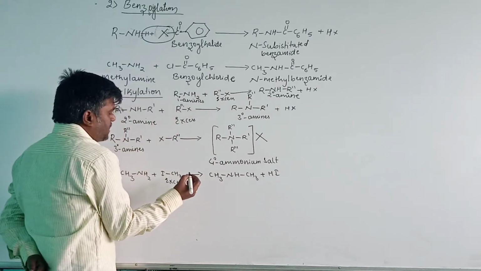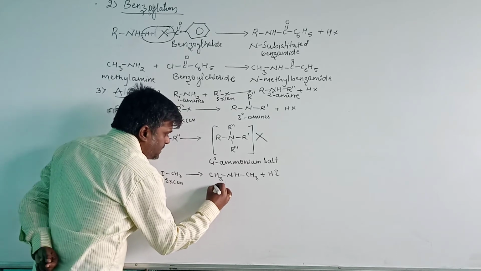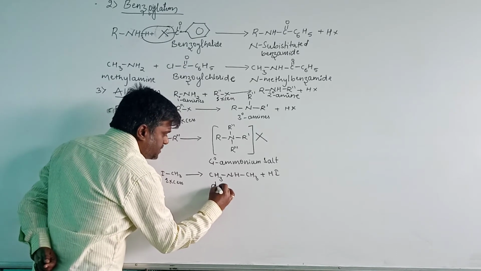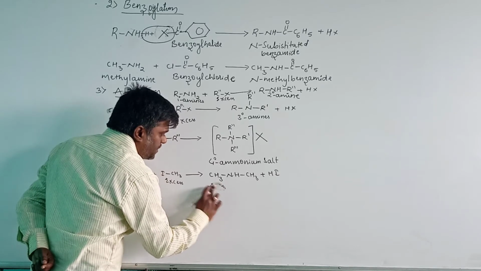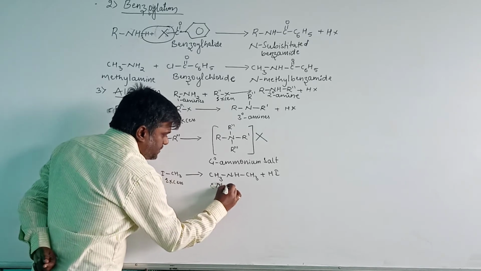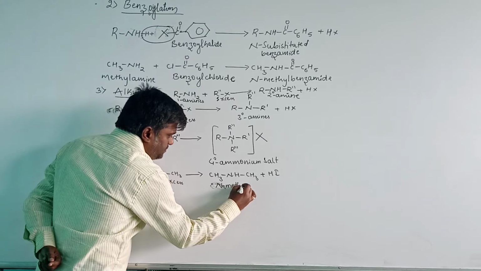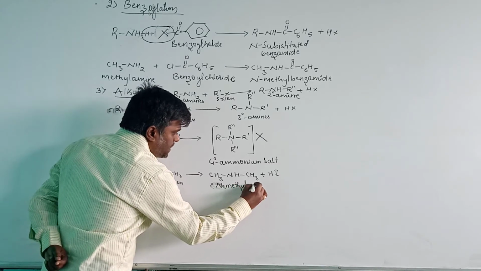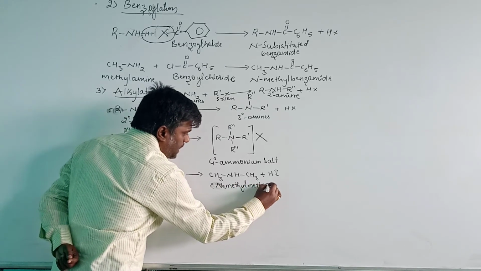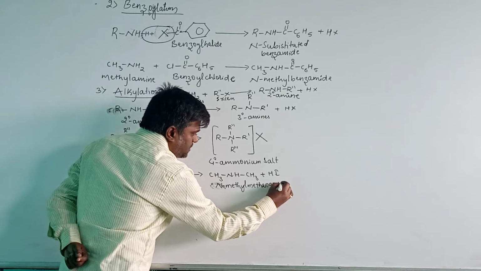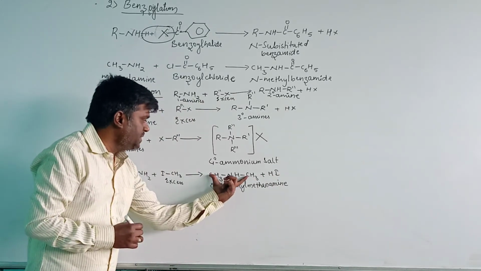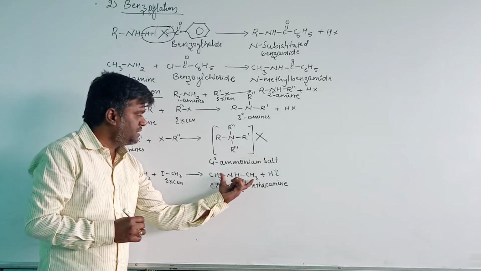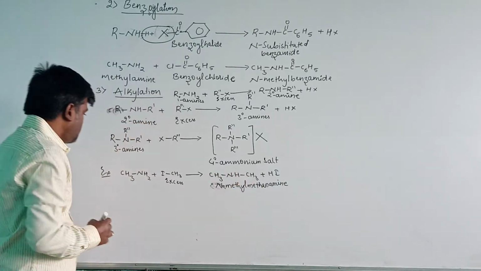The name for the secondary amine is generally known as dimethylamine. The IUPAC name is N-methylmethanamine, and the general name is dimethylamine.